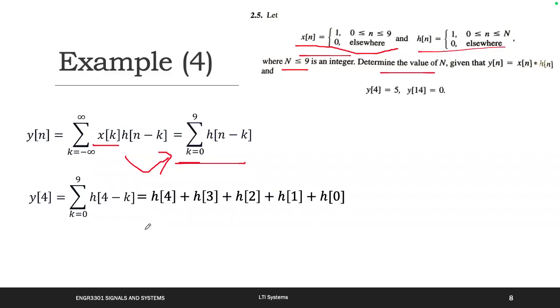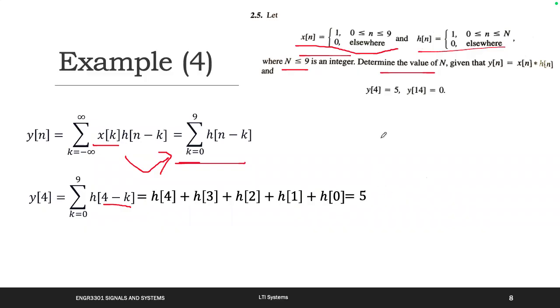When k equals 3, it is 1. When k equals 4, it is 0. Because if the index is smaller than 0, it will be 0. So we don't need to write it down here. So which means this is 5. Does it make sense to you?